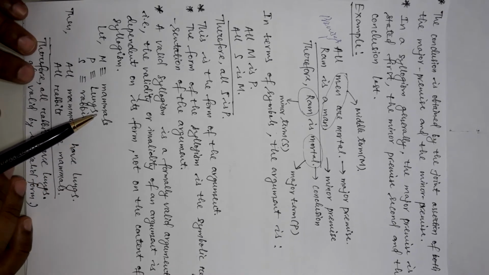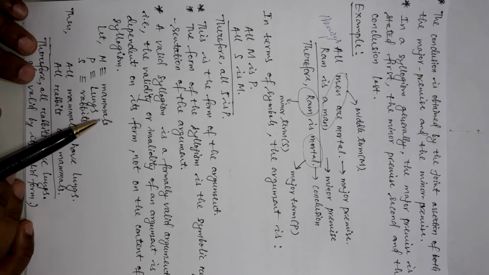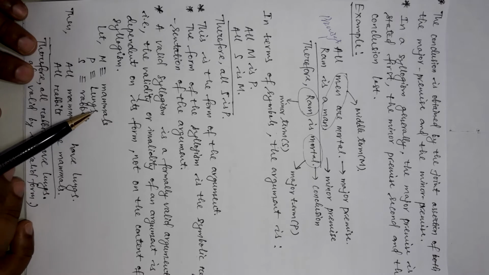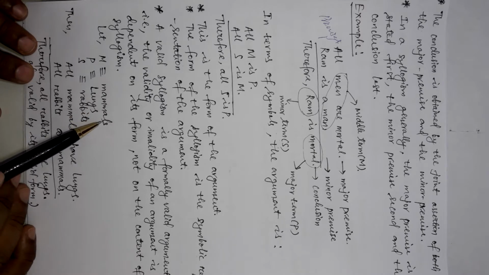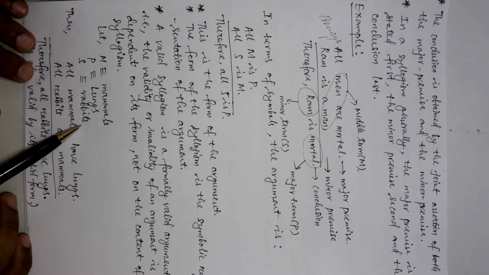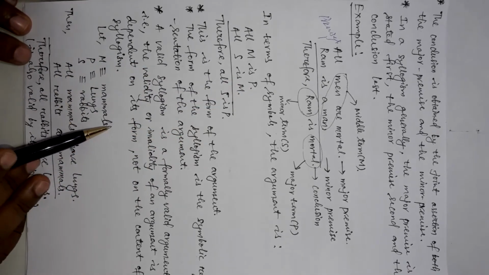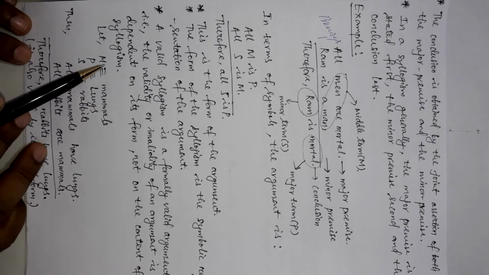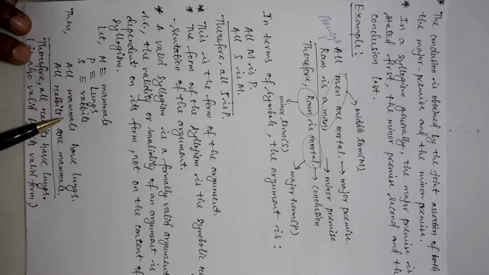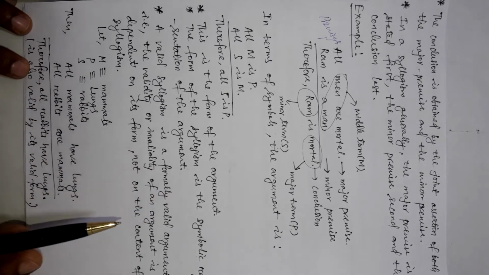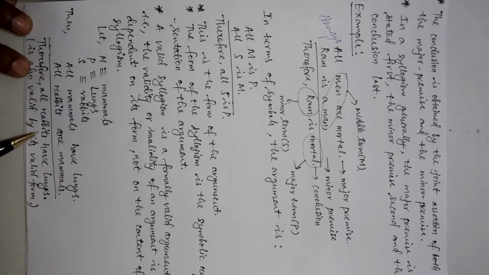I am replacing man, mortal and Ram with mammals, lungs and rabbits. Now, the same structure, after changing the meanings of M, P and S, becomes: all mammals have lungs, all rabbits are mammals, and therefore all rabbits have lungs.